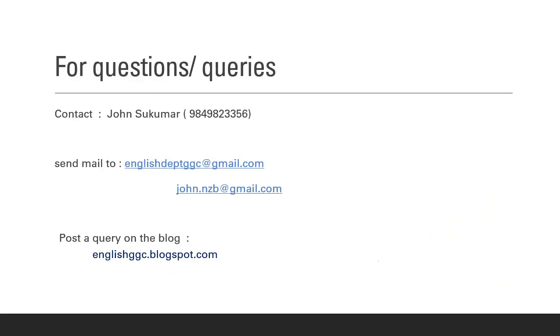So, in this video, we've been learning about the different types of regular and irregular verbs and their different forms. We have understood that any verb will have four fundamental forms, that is the present form, the past form, the present participle form, and the past participle form.